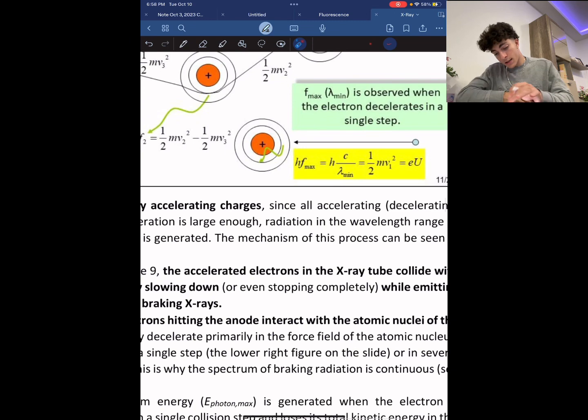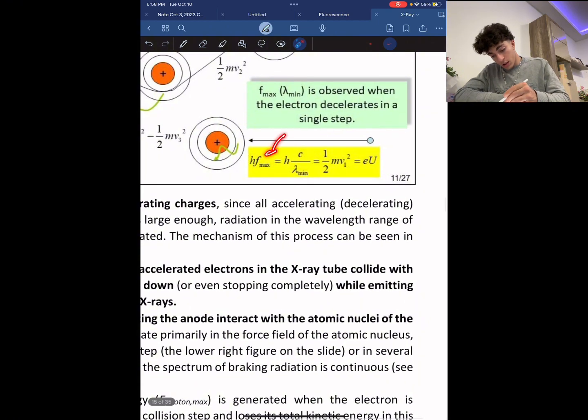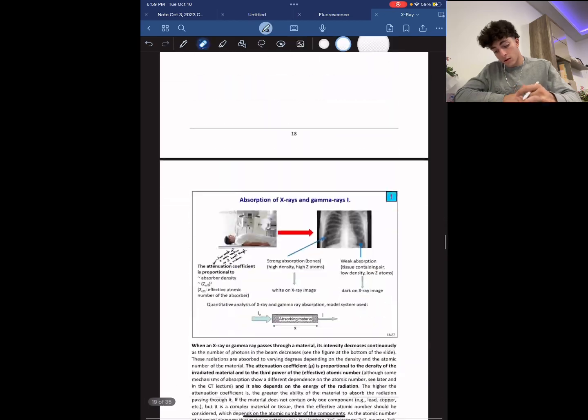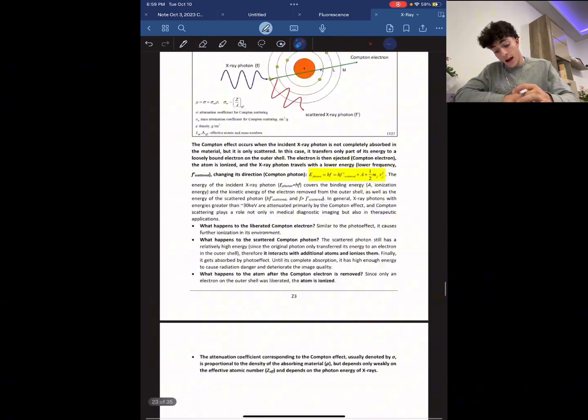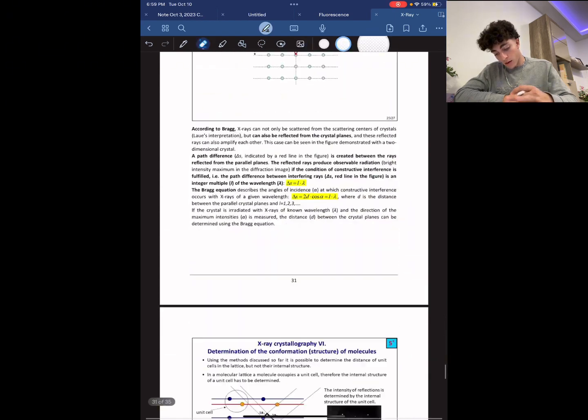Here, right, so this is the max frequency, right? So hf max gives lambda minimum. Now we just switch this and this. So the minimum frequency would be the lowest frequency we have and the highest wavelength we have to find the lowest energy. That's all it is. You just switch that. And if they ask for the highest frequency, then you do the same thing. Let's go back to the questions.